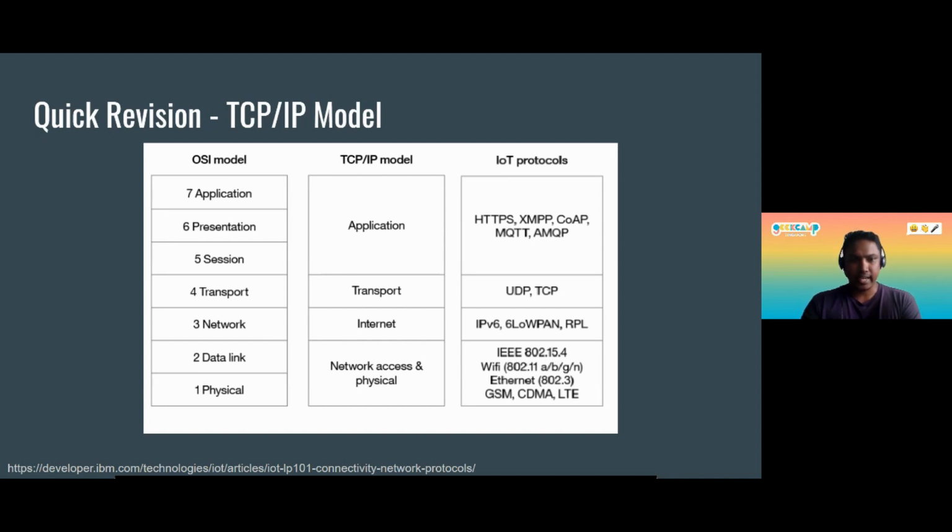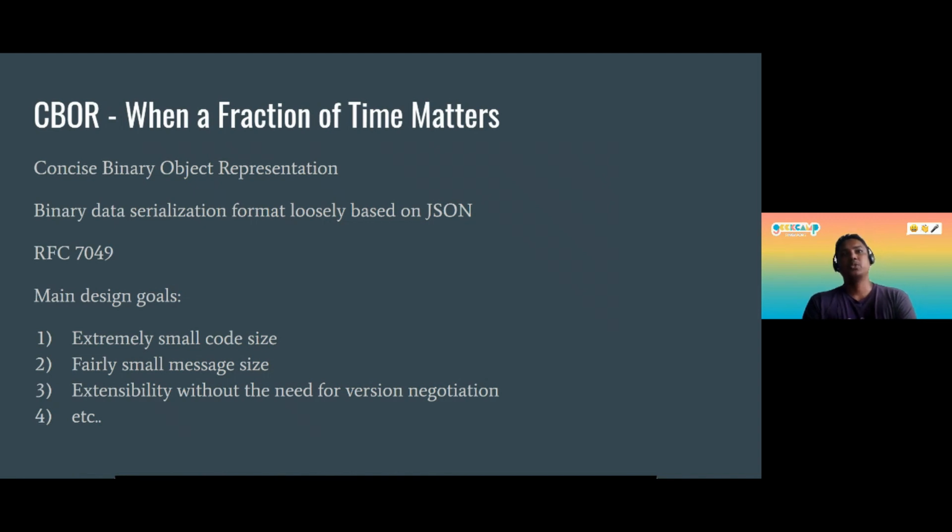And CBOR. CBOR comes into place where a fraction of time matters. As already mentioned, CBOR is known as Concise Binary Object Representation, and this is basically a binary data serialization format loosely based on JSON.